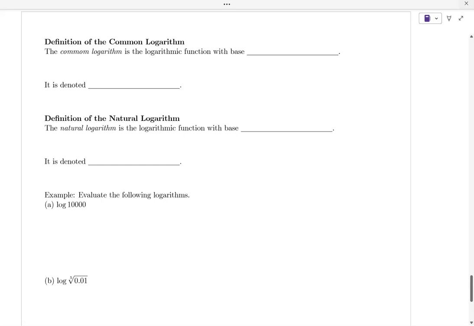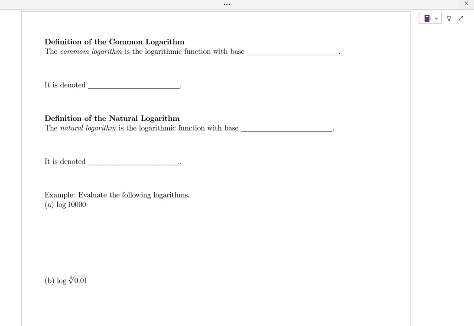All right. So basically same stuff on the next page. There's just a couple of different definitions that we have here. And if you've noticed, we can certainly do the log base anything we want as long as the base is positive and not equal to 1. Just like when we had exponential functions, right?